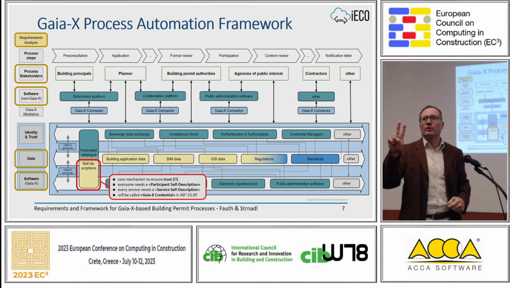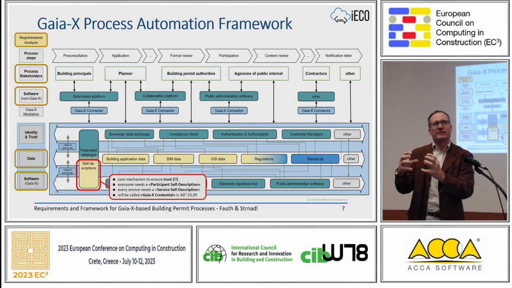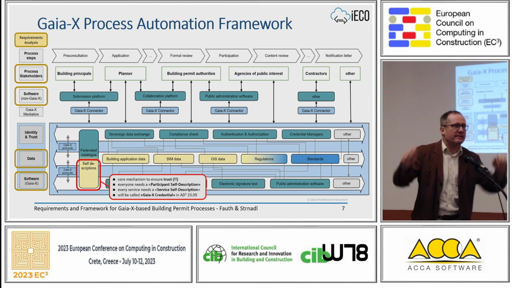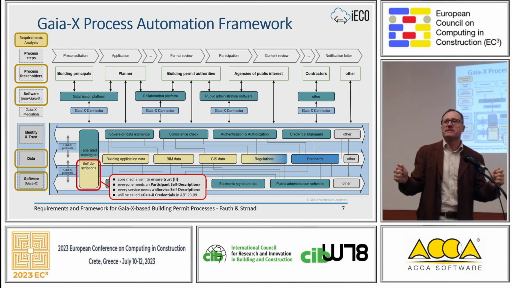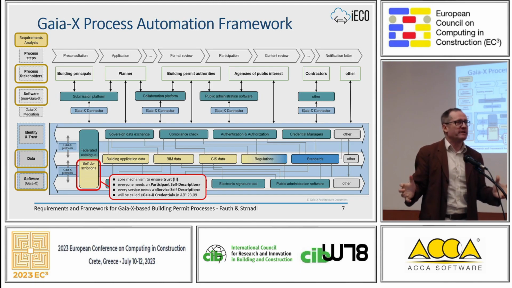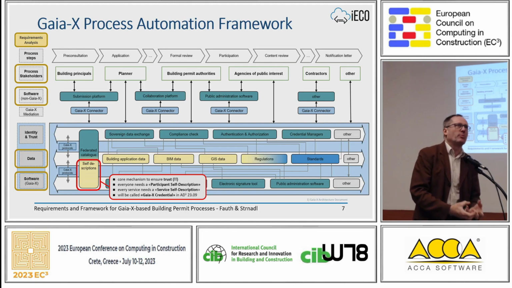The second most important thing is the color code. Red means, in my slide, every participant in such a digital permit ecosystem has to provide a self-description, which is kind of obvious. If you want to expose services, if you want to participate, you have to describe the services.